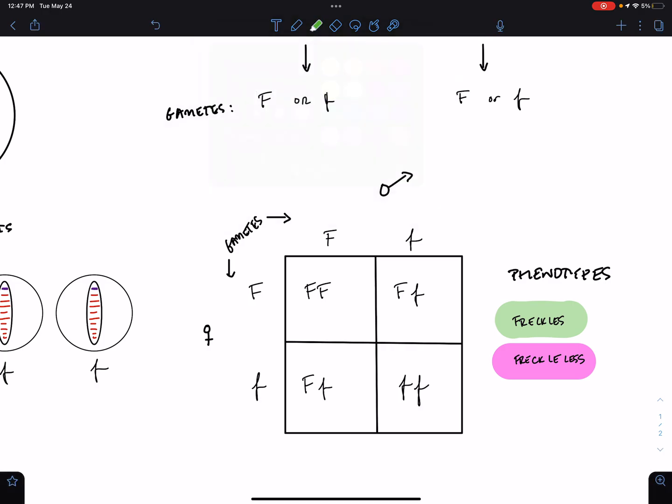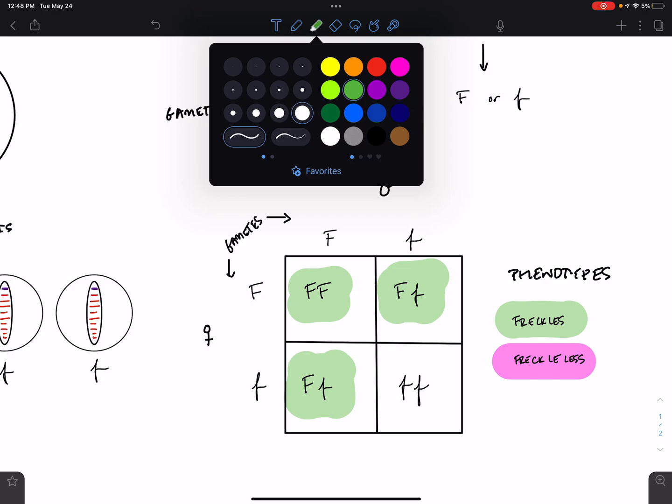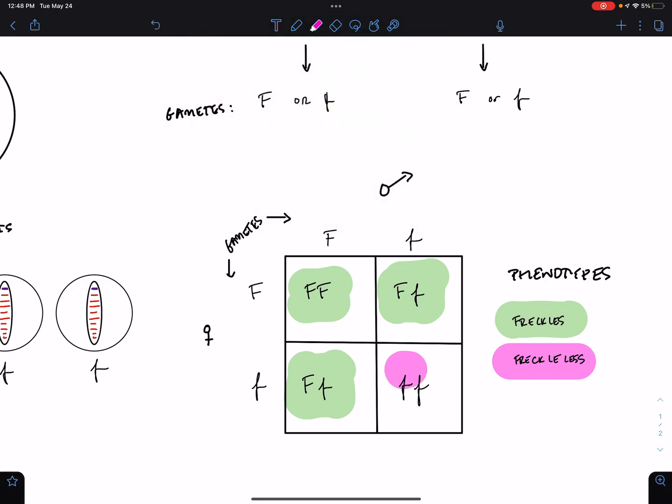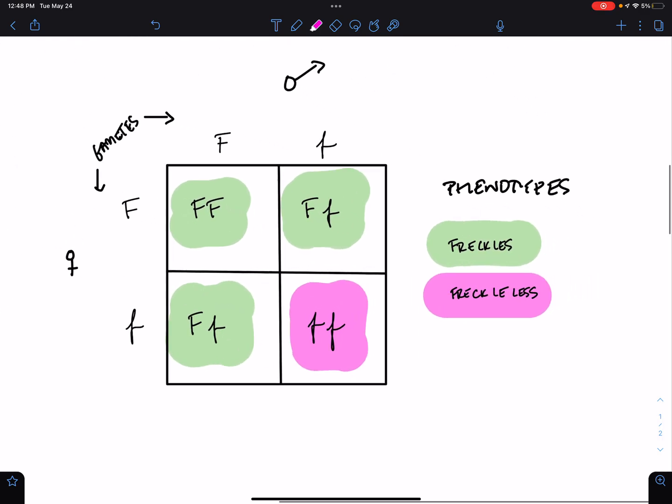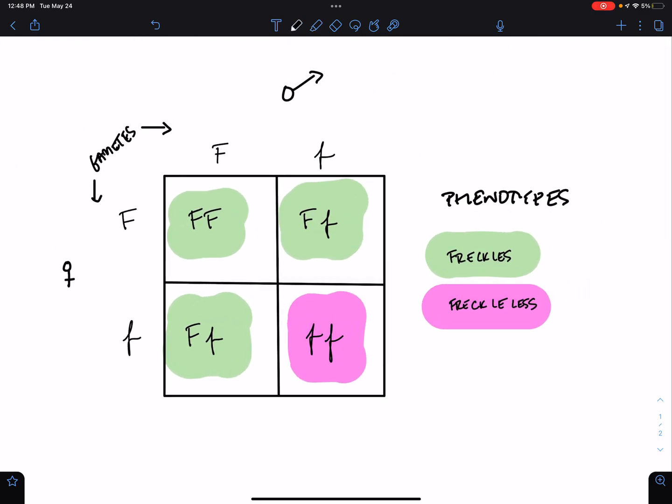People who have freckles can produce babies that have freckles, or babies that don't have freckles, are freckleless. And the ratio that we expect to see this in is 3 to 1.